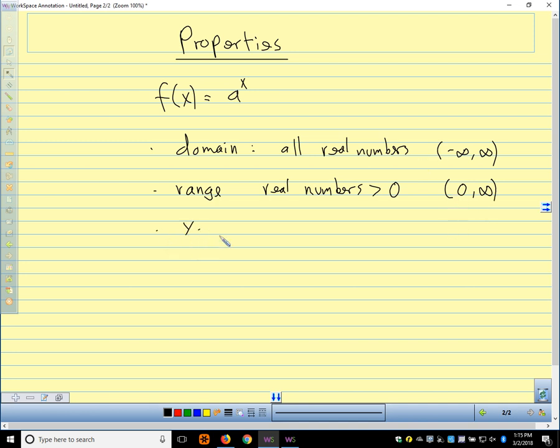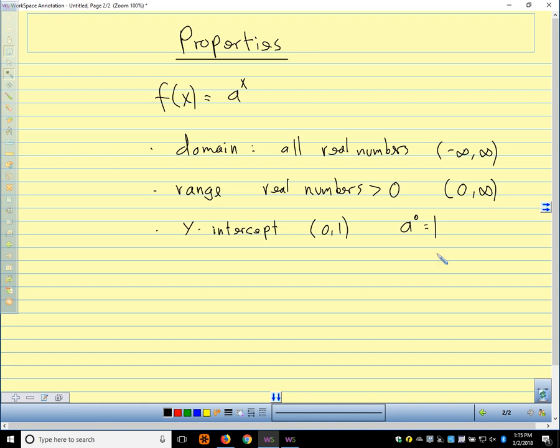The y-intercept. For any unshifted exponential function, doesn't matter what the base is, it's (0, 1). That's because any number to the 0 power is 1. Doesn't matter what the number is.